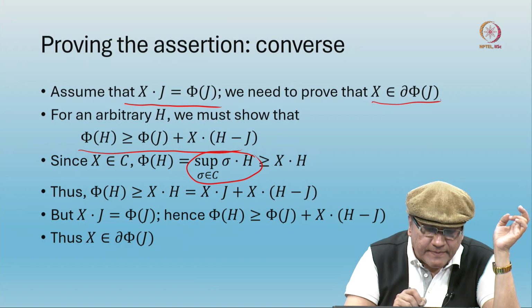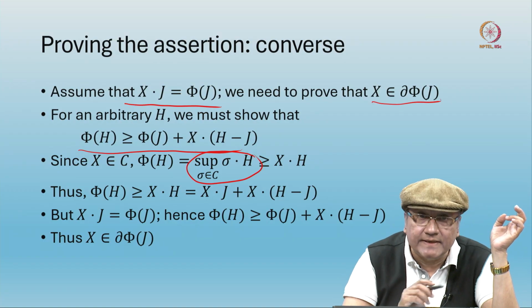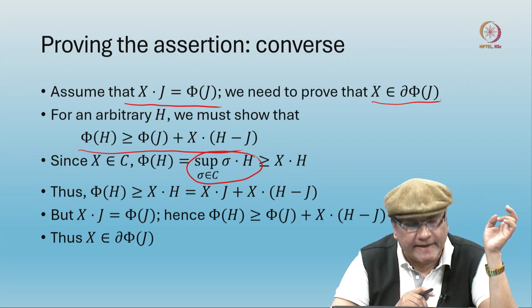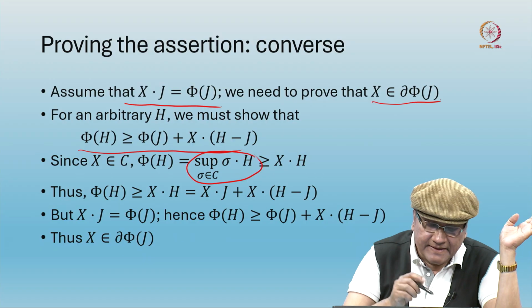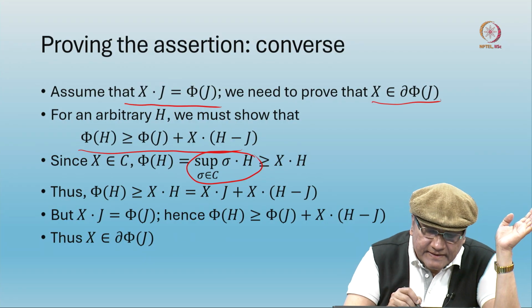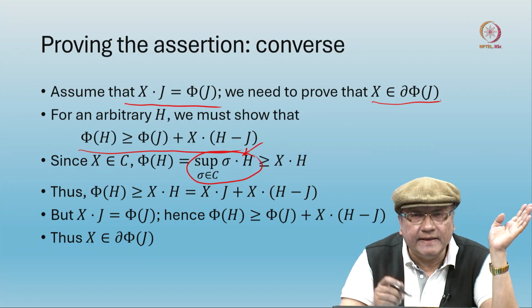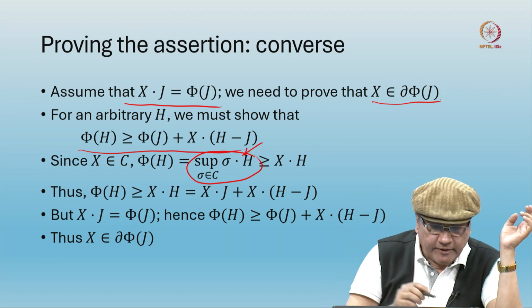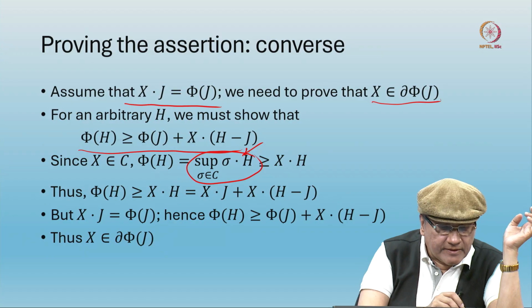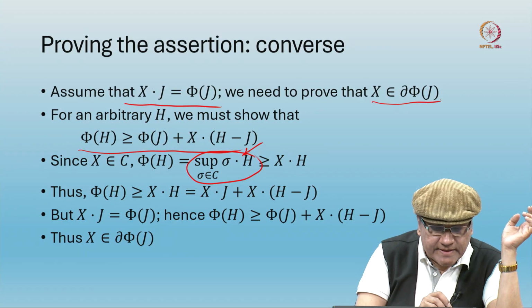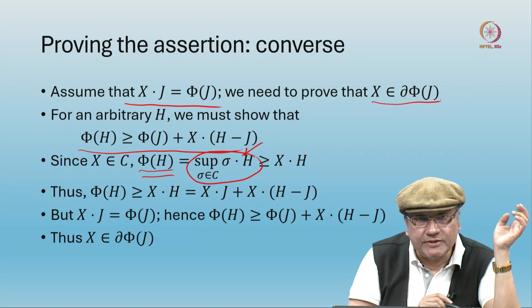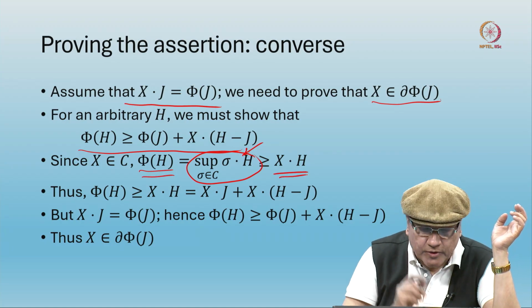But this is the maximum value that this product can take, because this is the supremum. So, for any choice of x, I can safely say that this quantity has to be greater than x inner product h. So, phi h is greater than or equal to x inner product h.